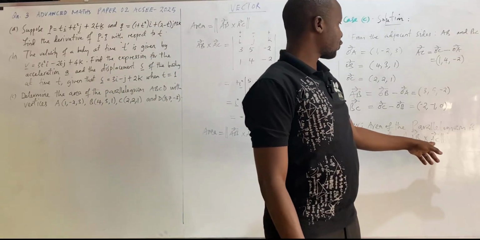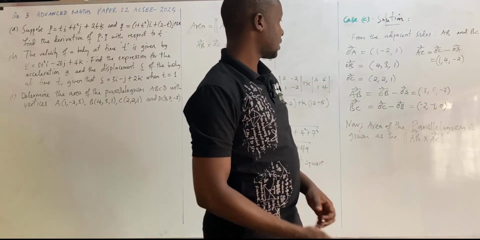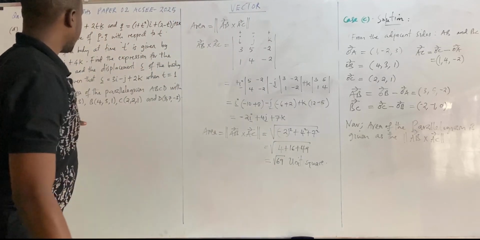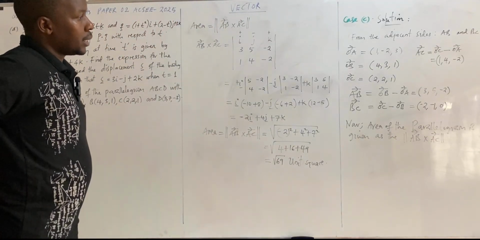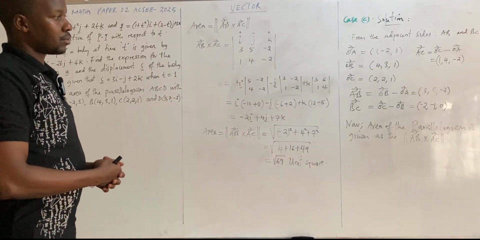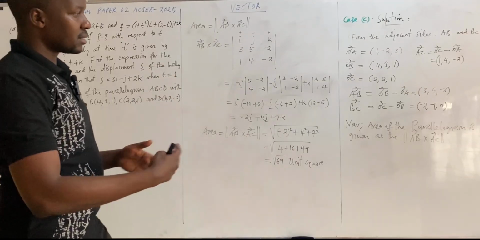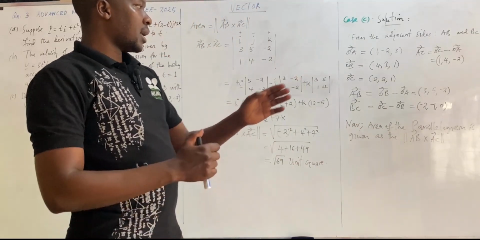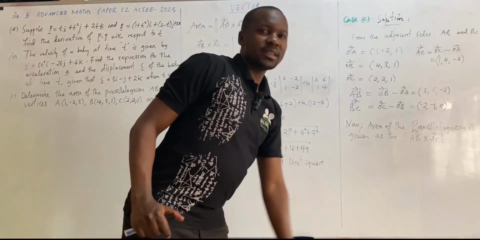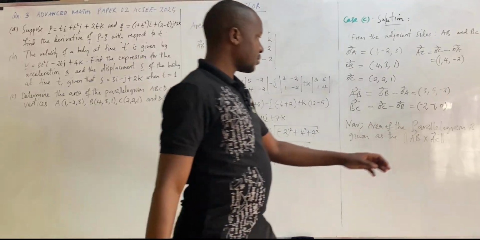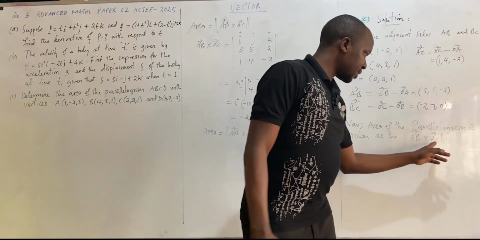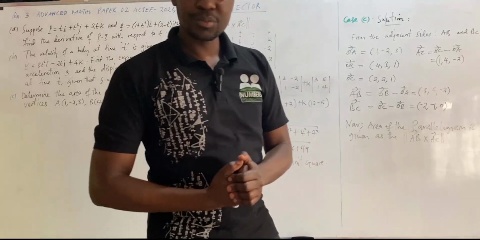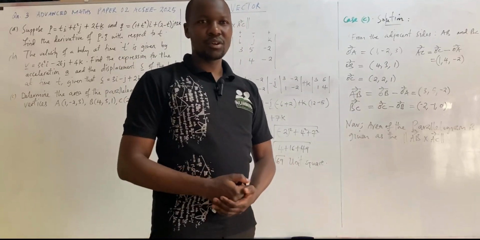We take the cross product of the adjacent sides AB and AC, found from the concept of position vectors, whereby AB is the same as B minus A. To obtain the displacement along the adjacent side AB, we take the position vector for B minus the position vector for A. The same applies to the position vector for C minus the position vector for A. Then you find their cross product, and after that you find the modulus or magnitude.